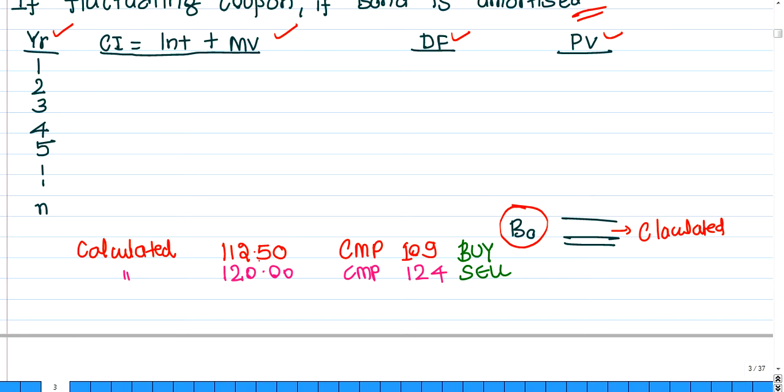Let's say the calculated value is 112.50 rupees. You got the amount of 112.50. The current market price is 109. From where do you get it? From the market. This will be known to you from the market, while the other will be computed by you.